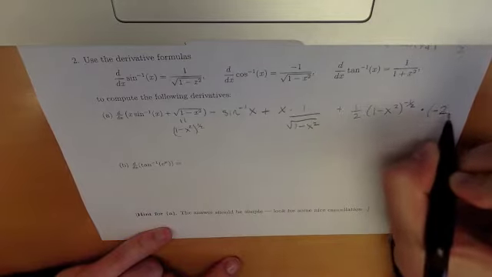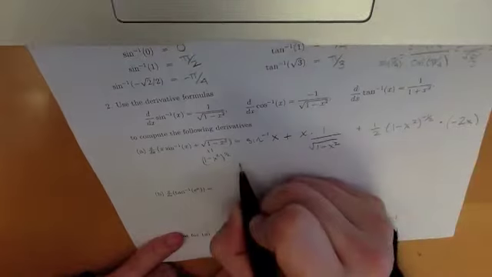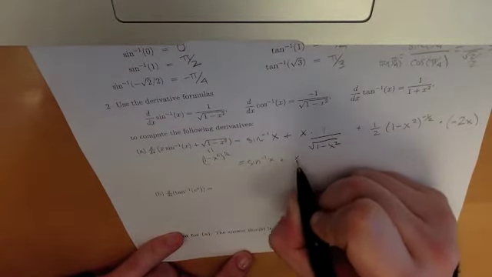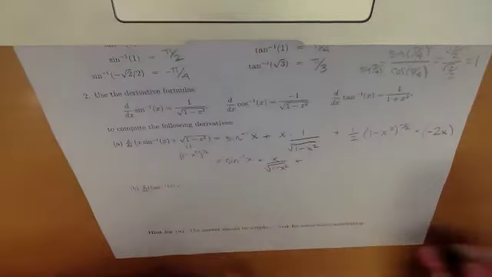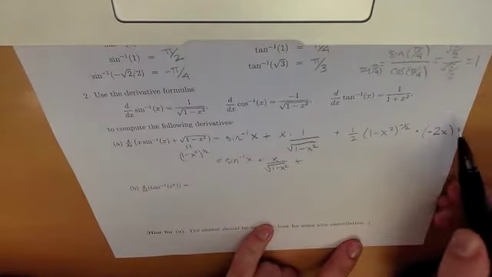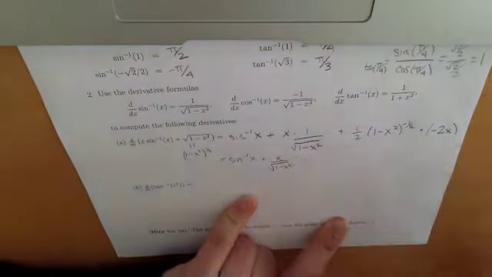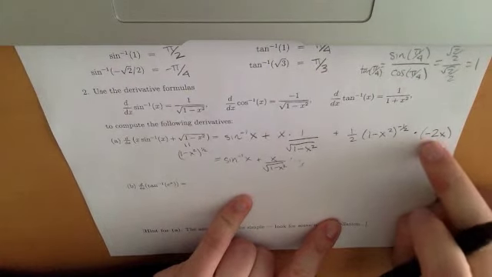So times negative 2x. So now if I do some simplification, I'm going to get sine inverse of x plus x over the square root of 1 minus x squared. Plus, now this 1/2 and this 2 cancels. So I'm going to get actually a minus sign. Right, so this minus sign here on the negative 2 stays.